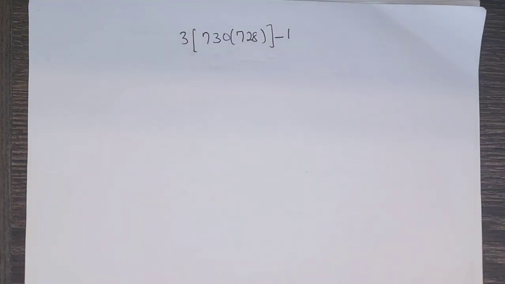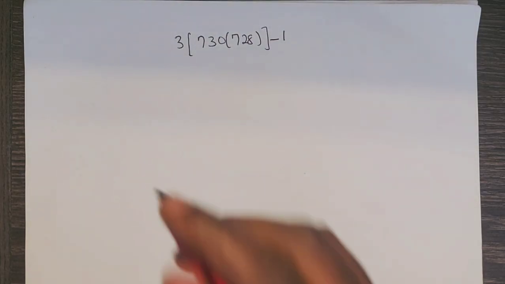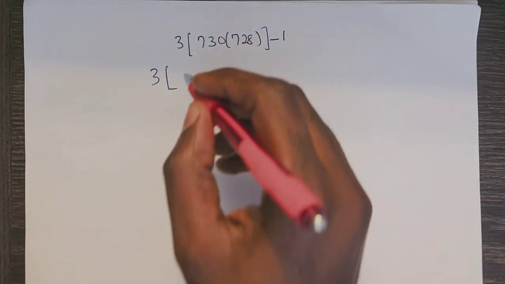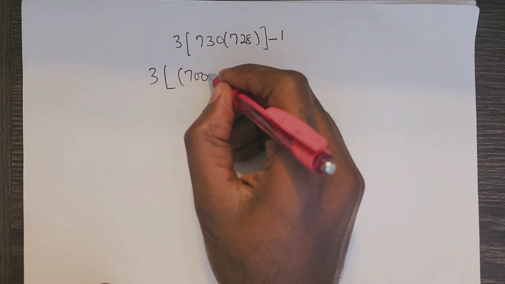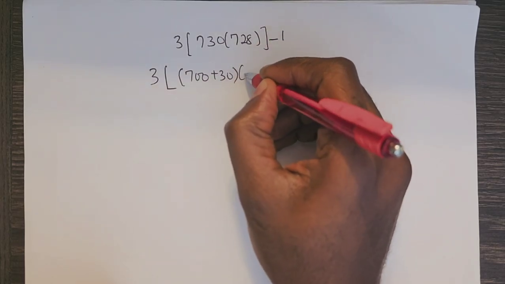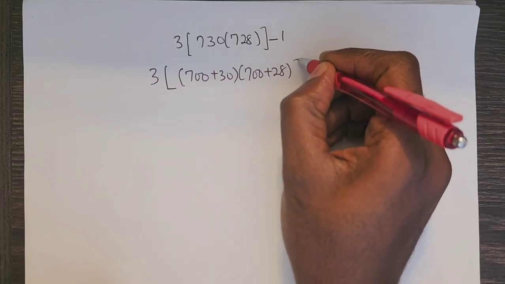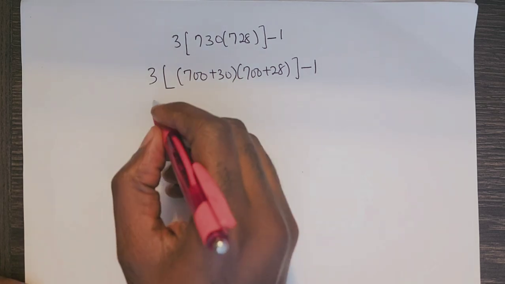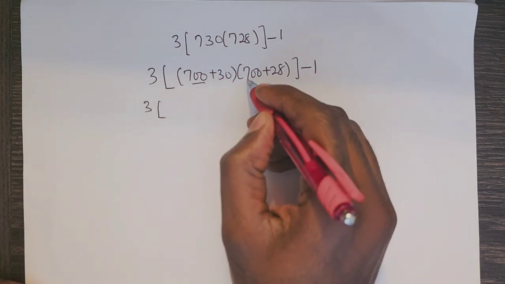Now, to do this, we're still going to use some mathematical concepts. So here I'm going to have 730 can be written as 700 plus 30, while this can be written as 700 plus 28. Now, here we're going to have 3 in parentheses. 700 is going to multiply 700.